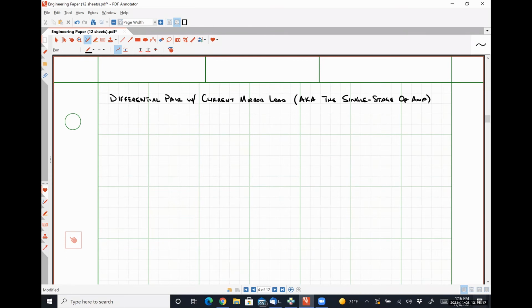My goal for today is for us to talk about qualitatively how this guy works, and then get into the specifics of why it works that way on Wednesday. So let's consider the following circuit. It's going to be nearly identical to what we just had, except for one very specific change.